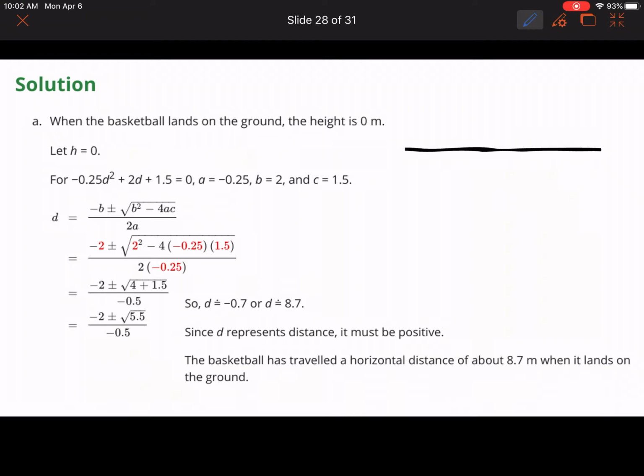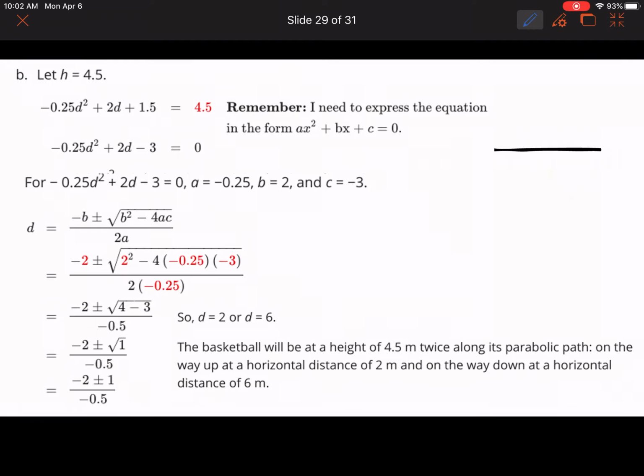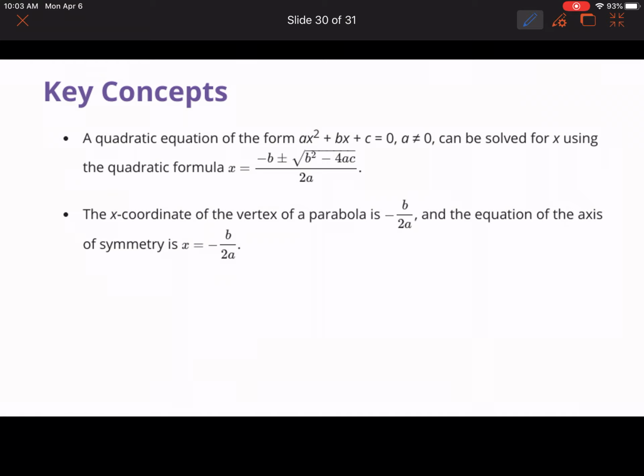Textbook, pause and read if you like their handwriting better than mine. For B, key concepts. A quadratic equation of the form ax squared plus bx plus c equals 0, where a does not equal 0, can be solved for x using the quadratic formula.